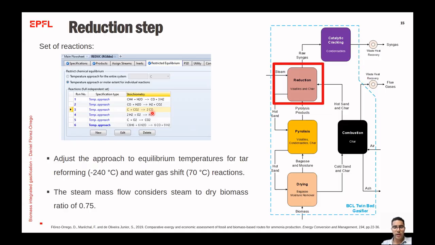And then, by using data collected from the literature, we can get syngas compositions that are closer to the actual compositions. In this case, we use a steam mass flow that considers that the dried biomass requires 0.75 amount of water to gasify dry biomass.